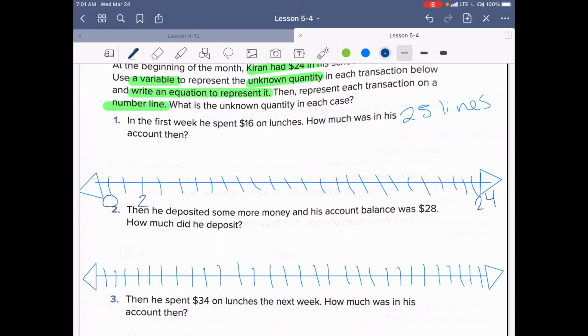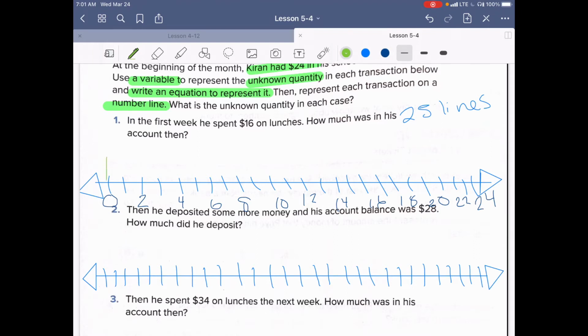So 2, 4, 6, 8, 10, 12, 14, 16, 18, 20, 22, and then 24. So we started with $24.